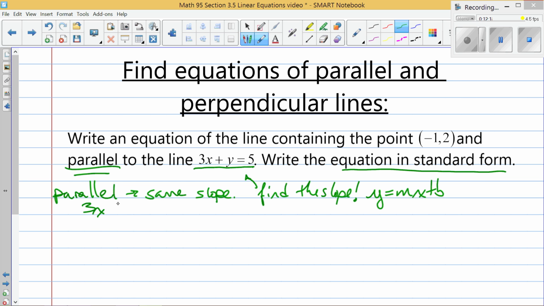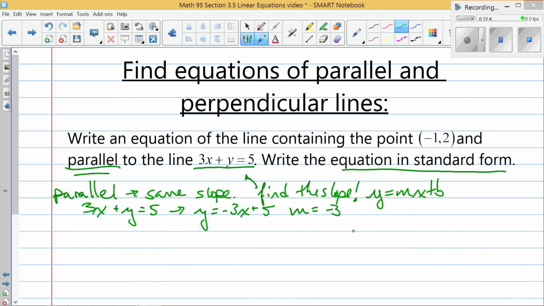I have the line 3x plus y equals 5. This is standard form. To get it into slope-intercept form, I'm going to subtract 3x from both sides. So this is going to turn into the line y equals -3x plus 5. And so my slope here is -3.